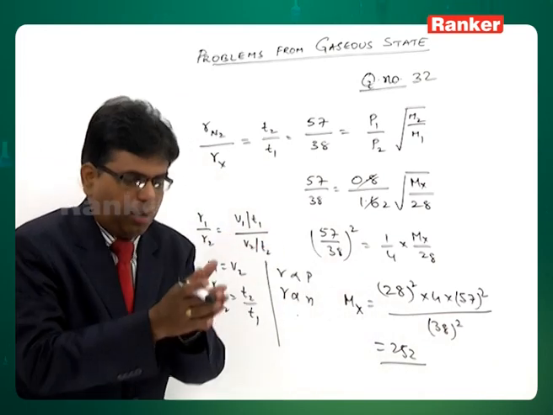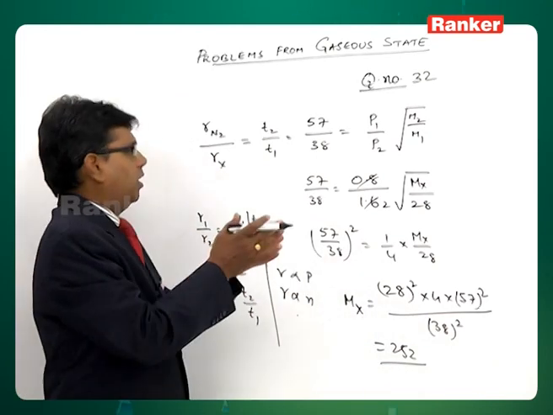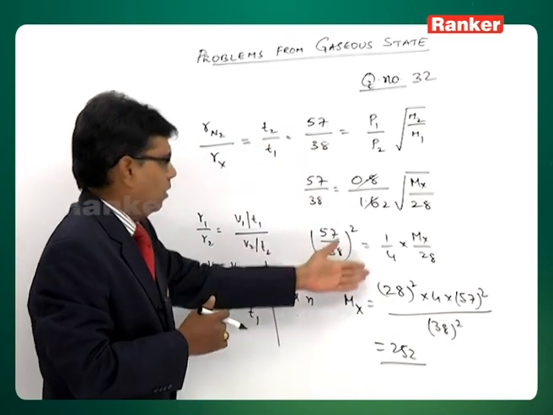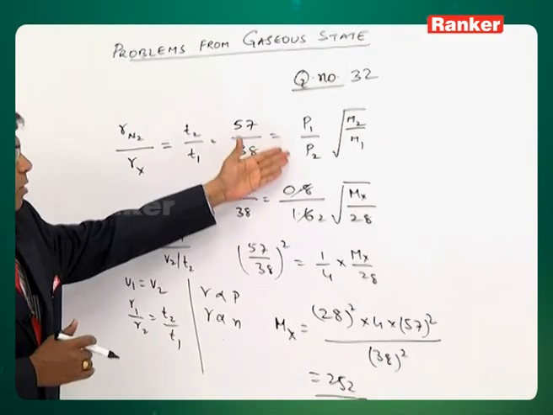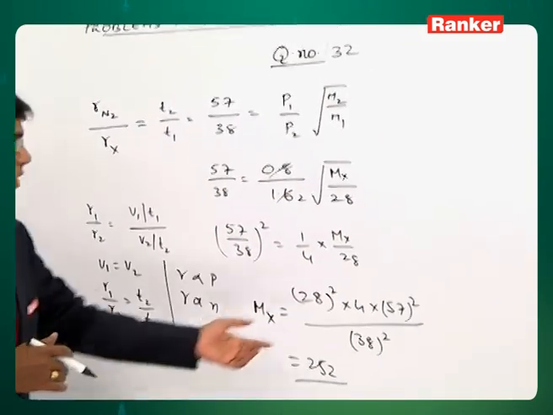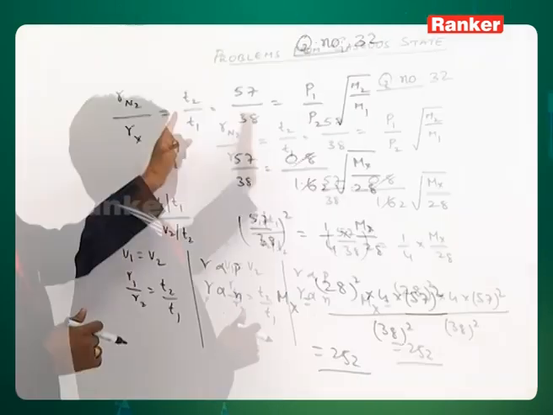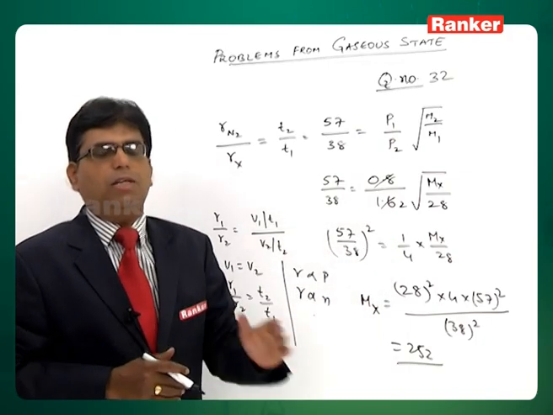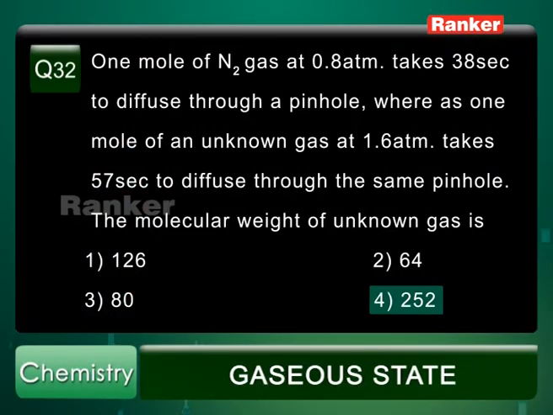All the factors have to be taken into consideration, and then you can calculate the molecular weight of the unknown gas. Here the calculation is not that important, but how best we can solve the problem is very important. So, the correct answer is option 4, 252.